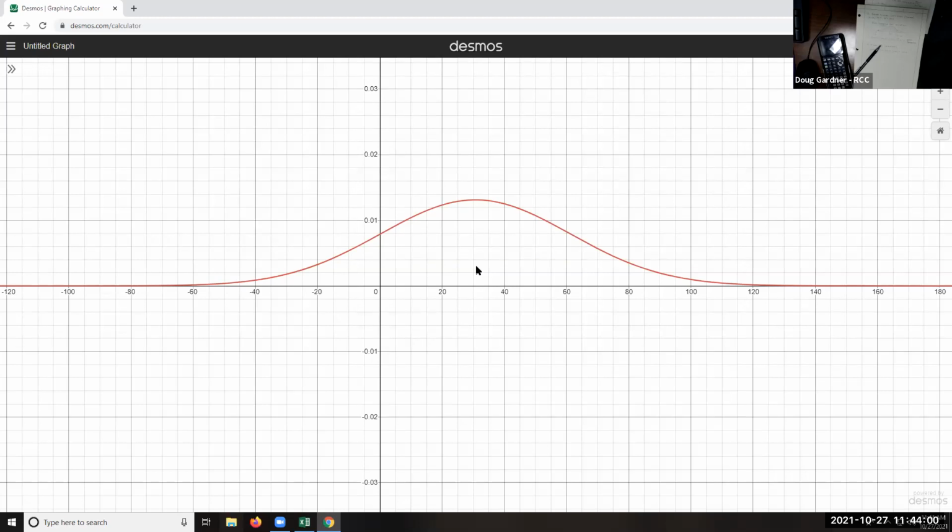Now, does that work? Notice it's not less than. 85 plus 6. 85 included. Down, probability of people.